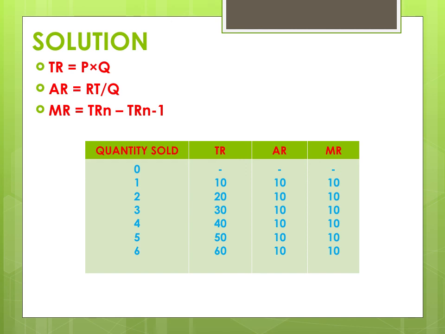Average revenue is also nil, as well as the marginal revenue is nil for 0 quantities sold. And as the quantities sold increase from 0 to 1, 2, 3, 4, 5 and 6, you get the following values. Note down.